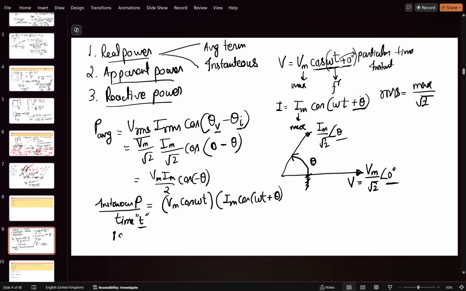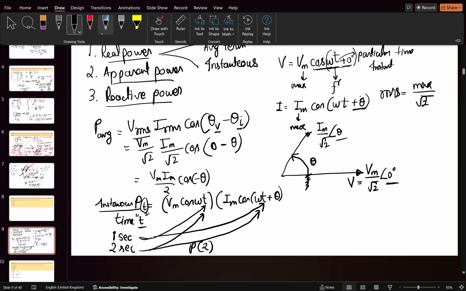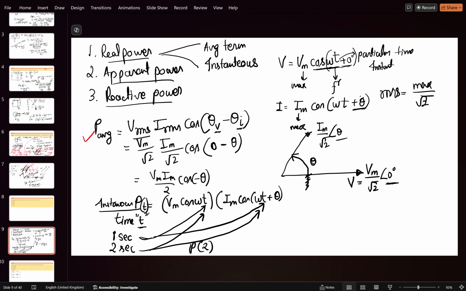Suppose I wanted to find at 1 second, put the value of 1 for time t in both terms, and you will get p at 1 second. If you wanted to find at 2 seconds, put 2 in both terms. You will get p at time 2. So these are the two concepts, average power and instantaneous power.